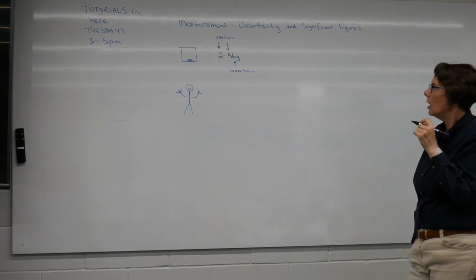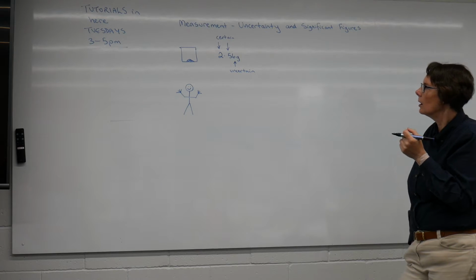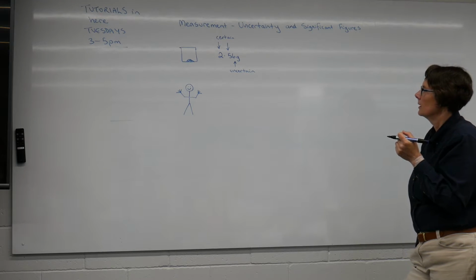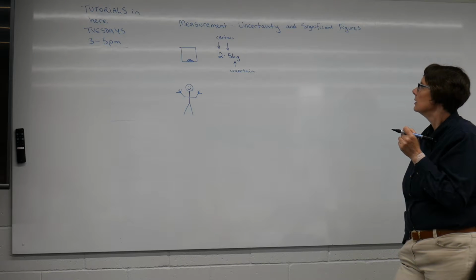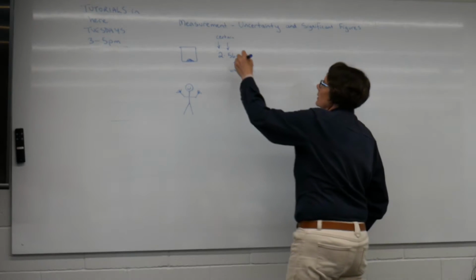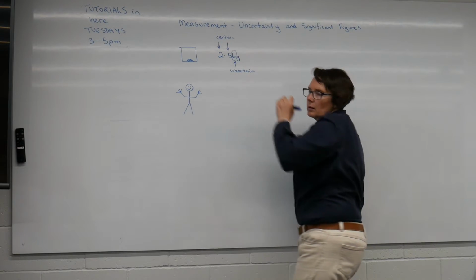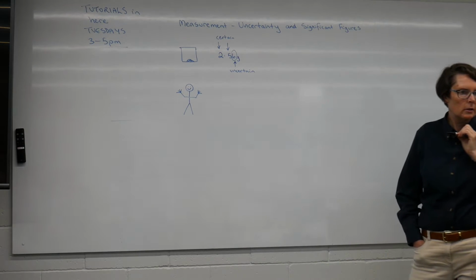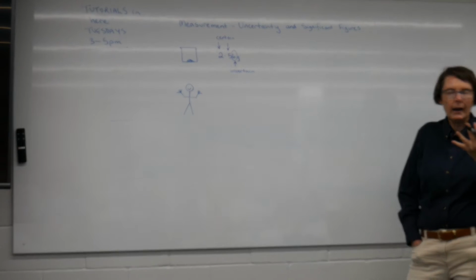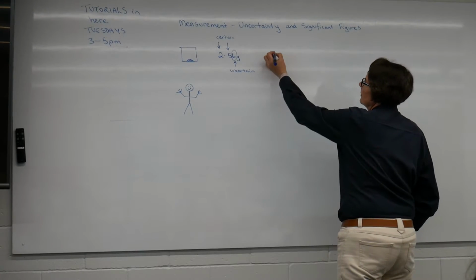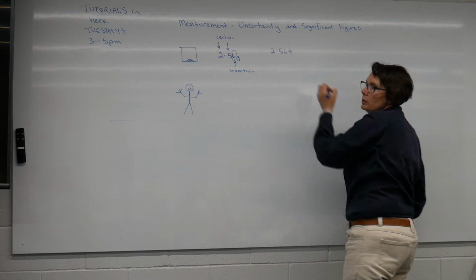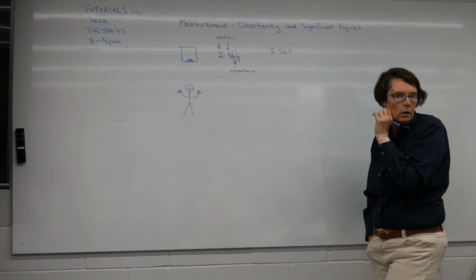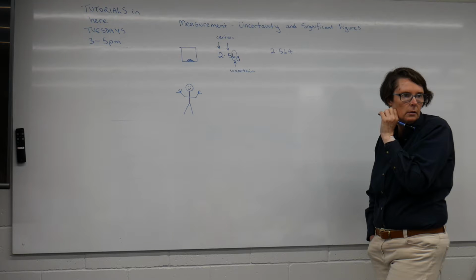Okay, because if I am going to get a reading of 2.56, that tells me that this one here is approximately 6. The actual mass could have been like 2.564, couldn't it, if it was measured to 3 decimal places?